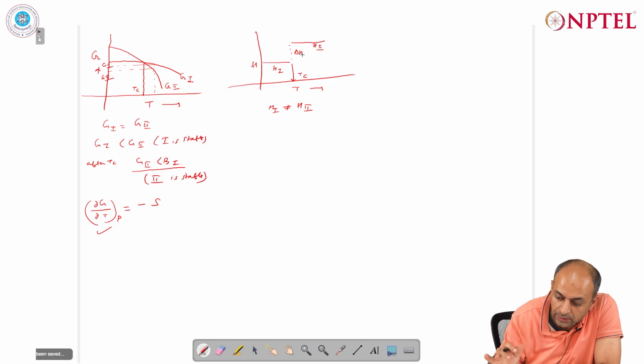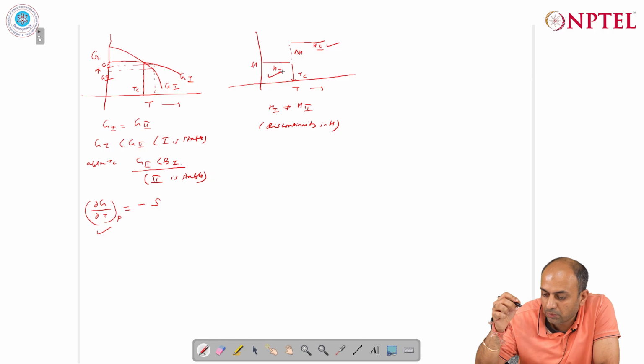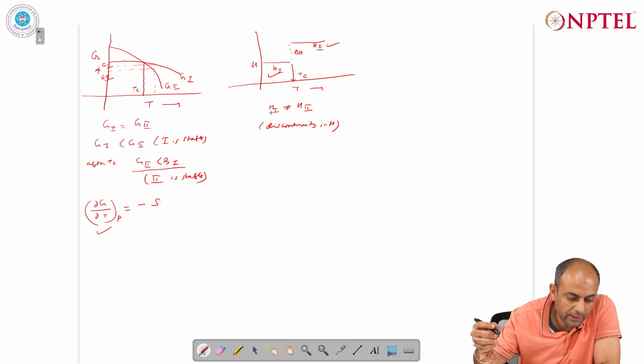So there is a discontinuity in H at the phase transition temperature. The enthalpy content of the higher temperature polymorph is also greater in comparison to the low temperature polymorph which exists before the transition temperature. So the high temperature polymorph not only has higher heat content, but is also associated with higher entropy.